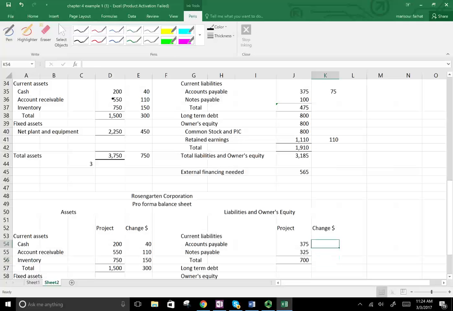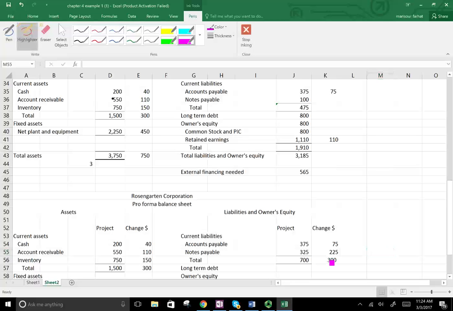Okay, that's why 75 here. Accounts payable increased by 75, and this is increased by 225. Therefore, the total increase is 300. So that's why they wanted the increase in current liabilities equal to the increase in current asset. That's what they wanted to do.